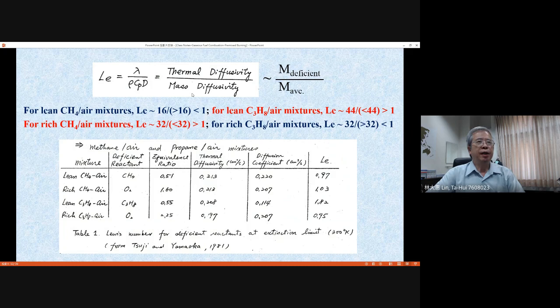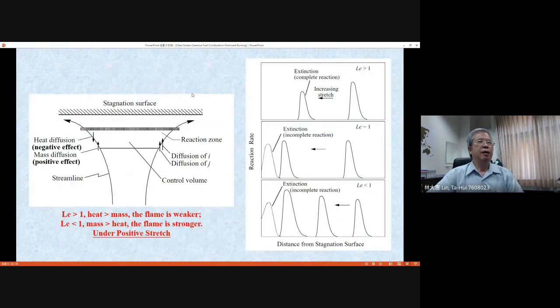Now we try to look at several experimental observations. The first one, as we've been familiar with, is the opposite jet flow or stagnation point flow. Look at the influence coming from the Lewis number here. This is an example of a flat flame propagating in a stagnation point flow. You can think about the flame propagating in a counterflow by opposite jet flow.